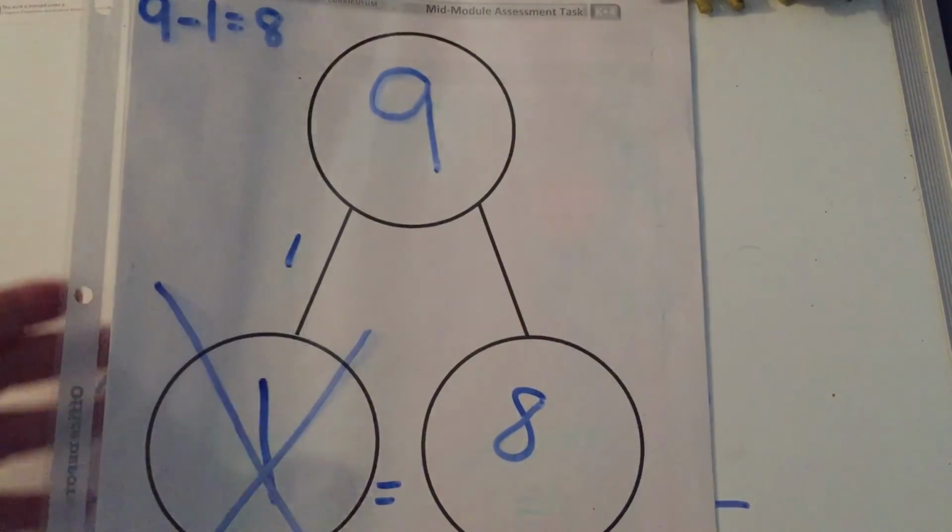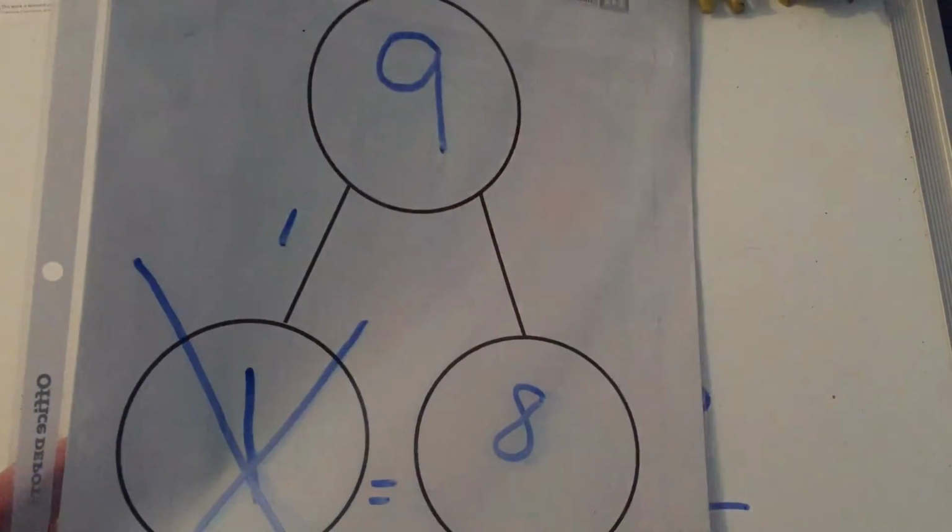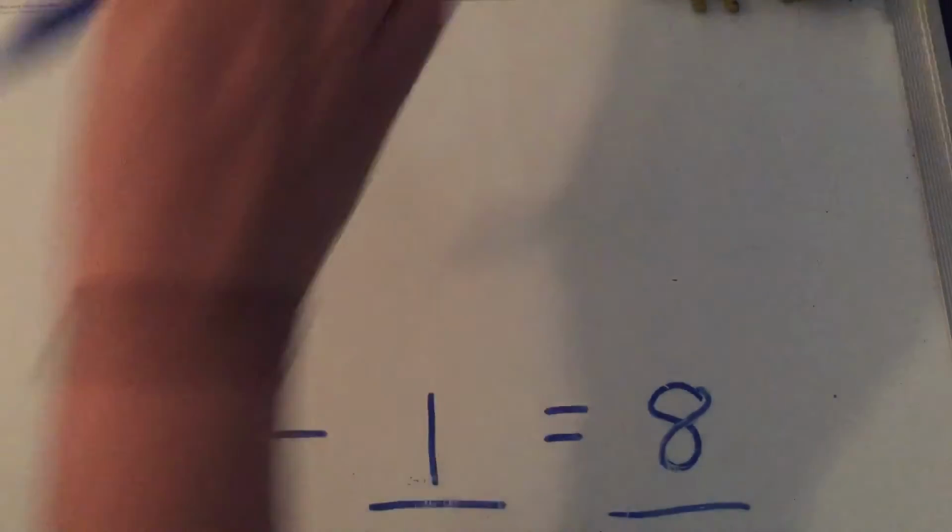I have another story for you. Now this time, I'm going to tell you a story about bears, but we are going to use circles in our 5-group way to show our bears. Let's see.